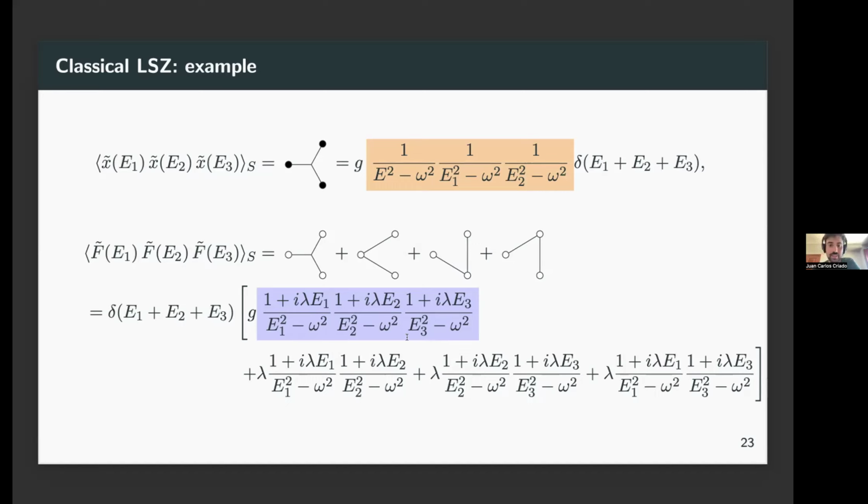But you can see that in the on-shell limit, all these other things disappear. Only the first term dominates, and it has the same pole structure as the first one. If you divide by the normalization factor to the third power, you get the same amplitude, which is just g in this case.